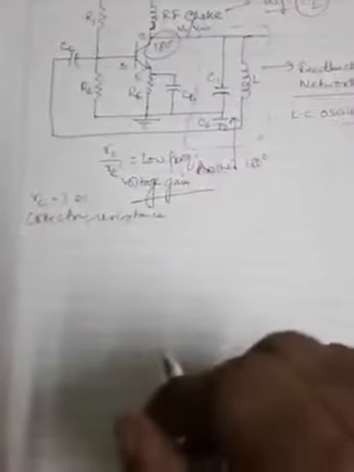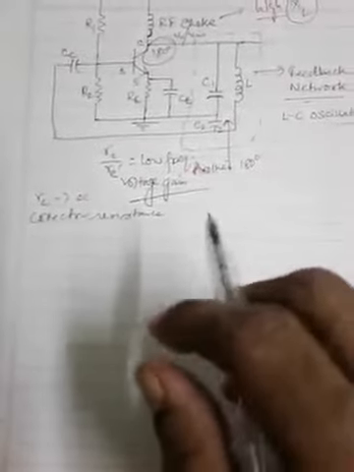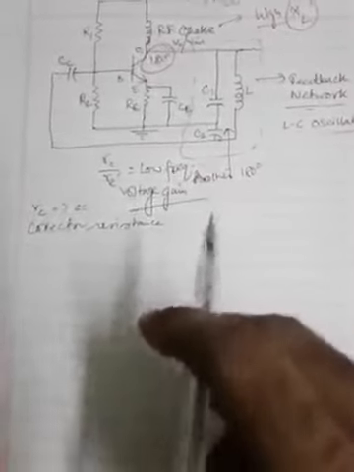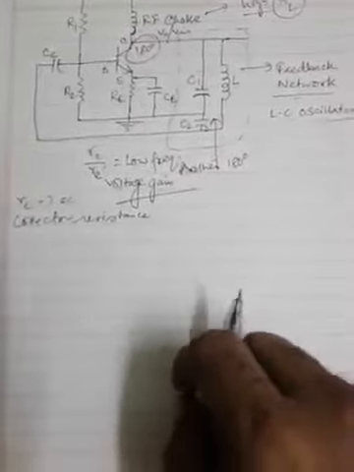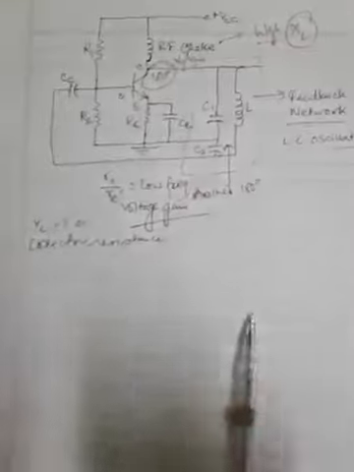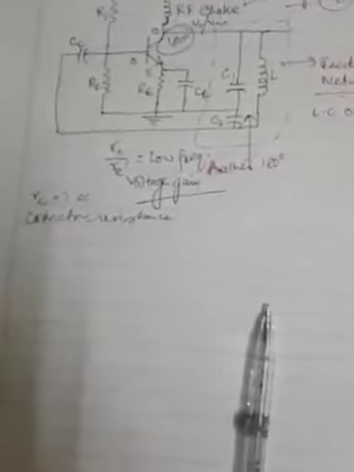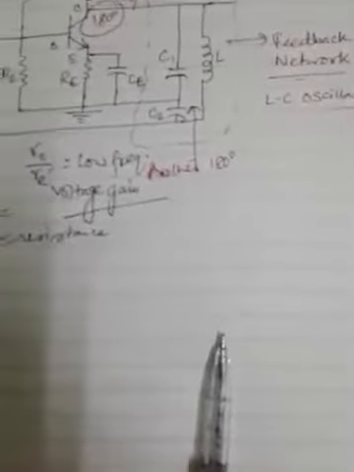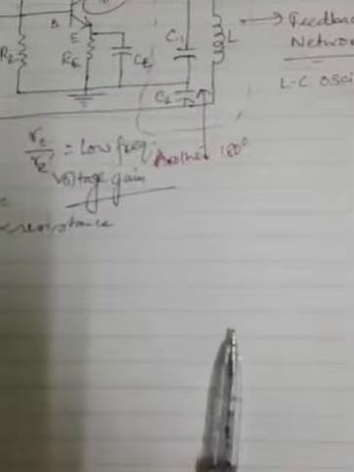And because the RF choke appears as an open circuit to the AC signal, the AC collector resistance is primarily the AC resistance of the resonant tank circuit. So the voltage gain is dependent on the AC collector resistance, which is small rc. As the RF choke is open circuit, it isolates the collector terminal from VCC during the operation of this oscillator, therefore the AC collector resistance is primarily the AC resistance of the resonant tank circuit.